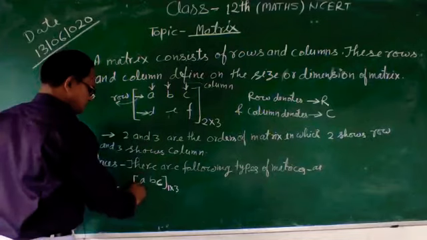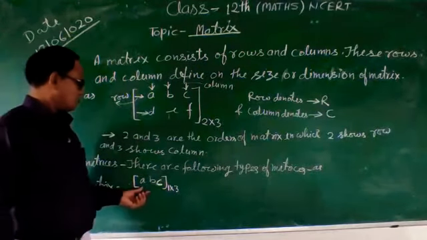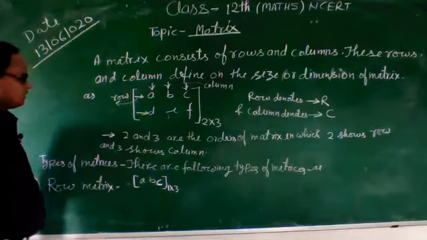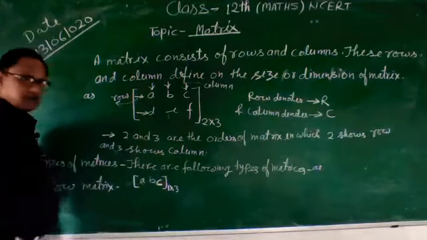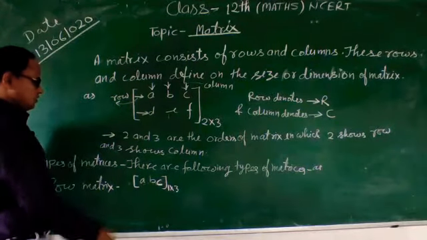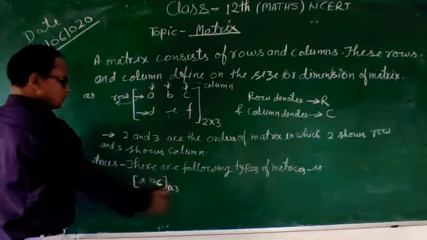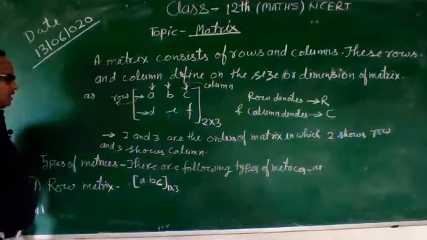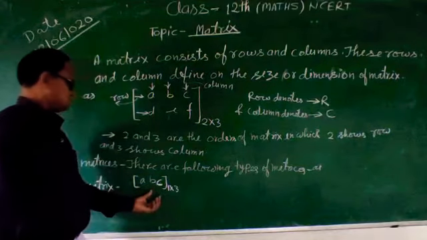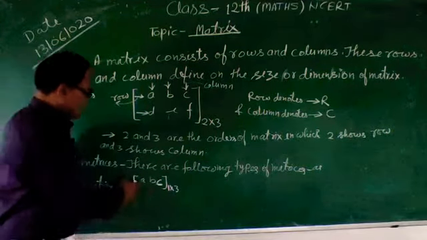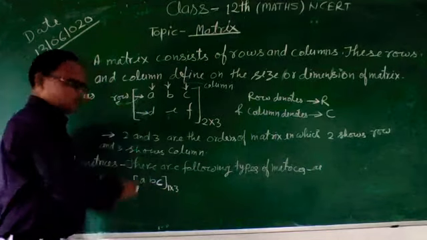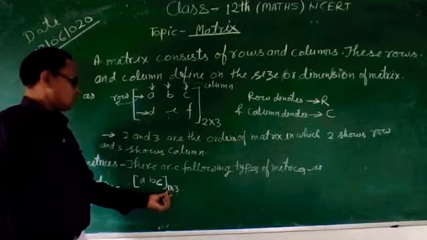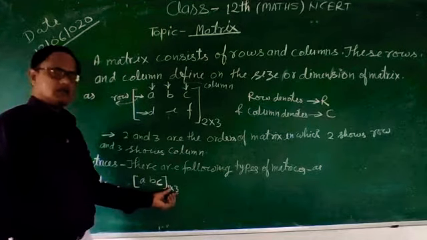We see it in closed interval with elements A, B, C in row form, and we observe in this system one row and 3 columns. Thus we write 1 into 3.